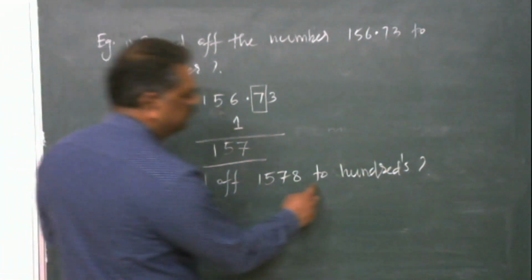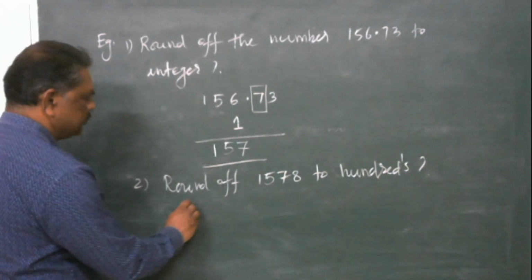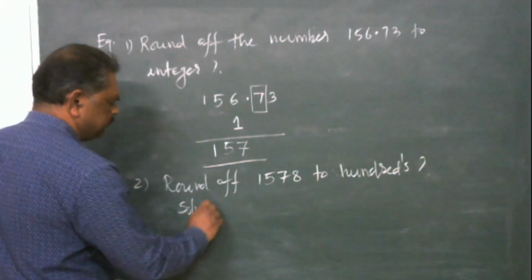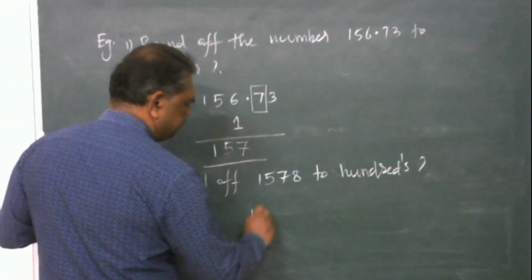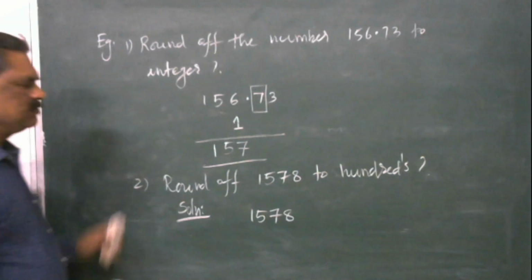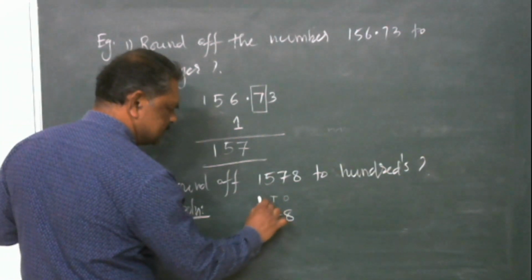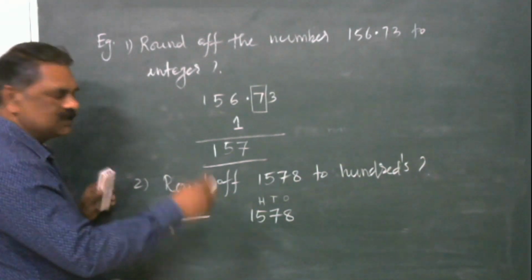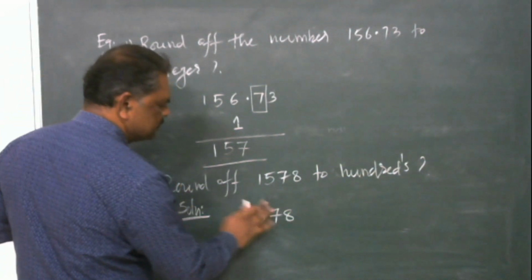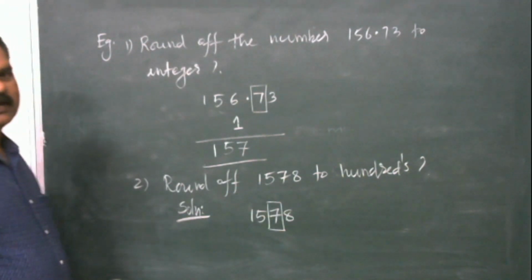We need to look at the place next to the hundreds place. So this is the ones place, tens place, and this is the hundreds place. The place next to the hundreds place, in this case, is 7.